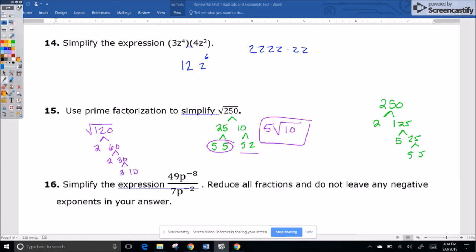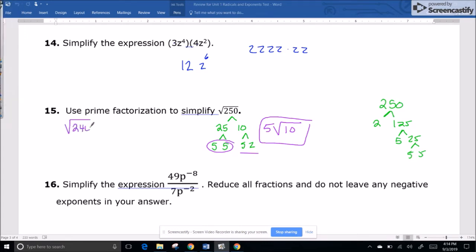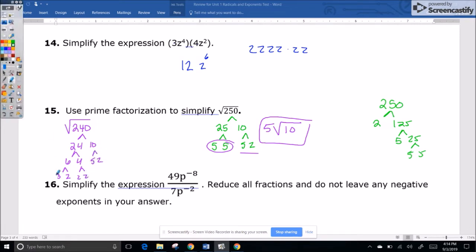No, that's not going to do it either. Let me do 240. That should work. Okay, so that's 24 times 10, 6 times 4, 3 times 2, 2 times 2, 5 times 2. Okay, so I have a group of 2's here and a group of 2's there.